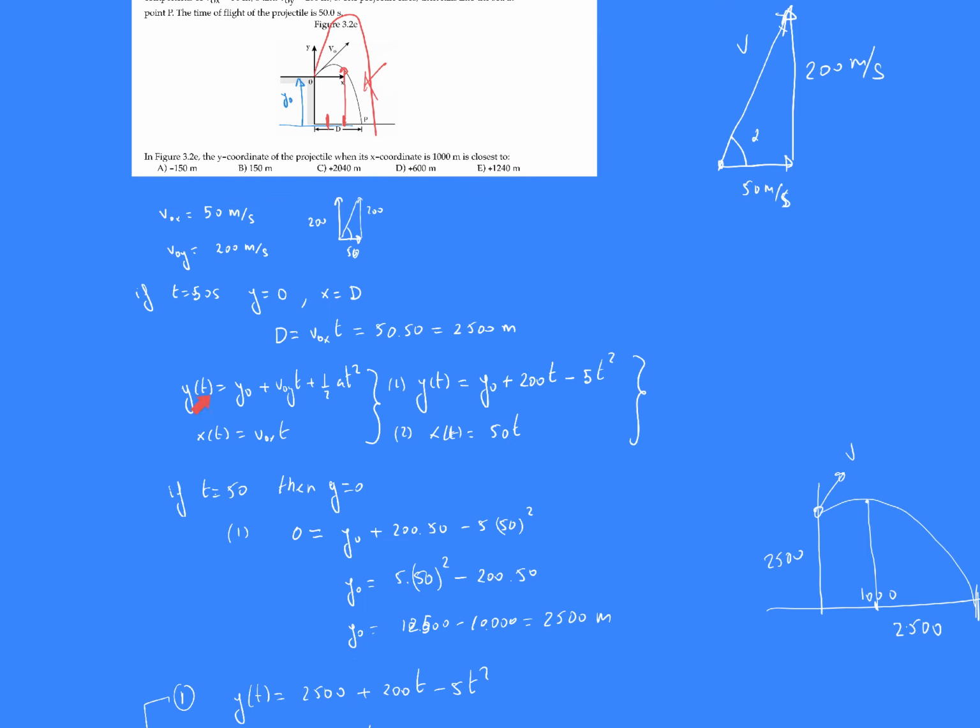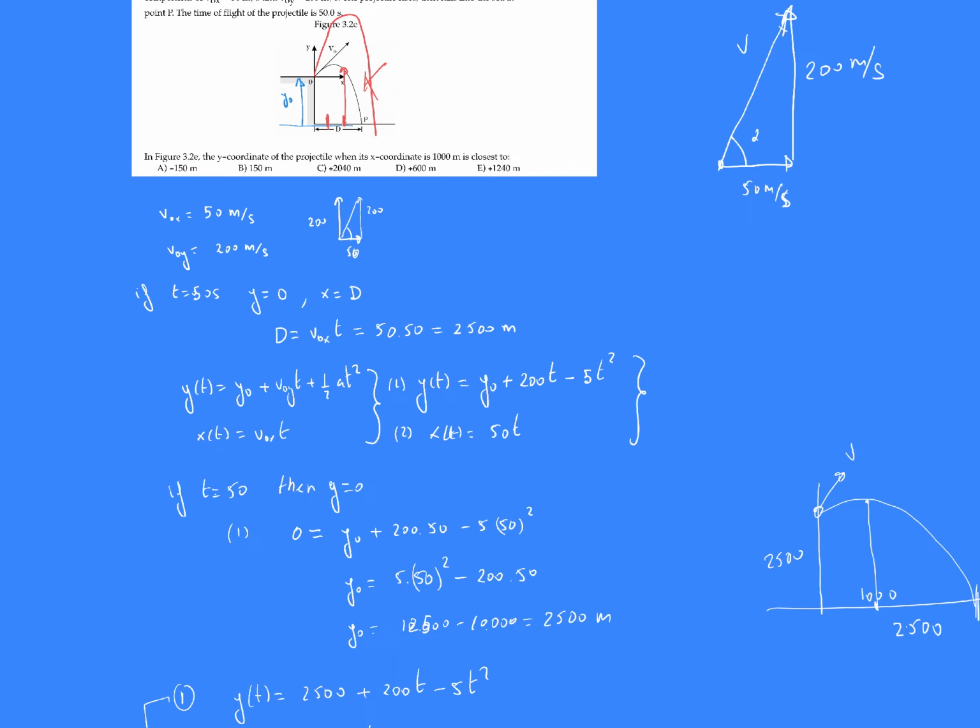The y is a motion with constant acceleration, and the equation that tracks the position of the particle as time goes on is this equation.